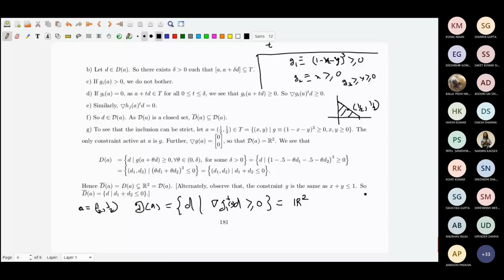Fine. Now what about the feasible directions? This is the set of all directions d1, d2 such that A plus t d should be inside the feasible set T for some t between 0 and delta.